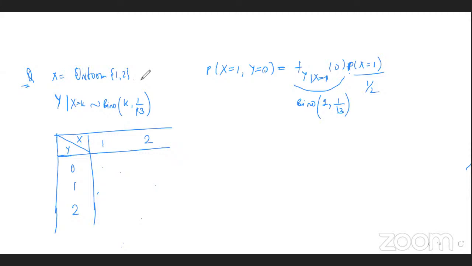So this is 1 choose 0, 1 by 13 to the power 0 and 12 by 13 to the power 1, into 1 by 2. So it will be 12 by 13 into 1 by 2, that is 6 by 13. Similarly, you can find it for each of the (x, y) pairs. Okay, I'll try this one.